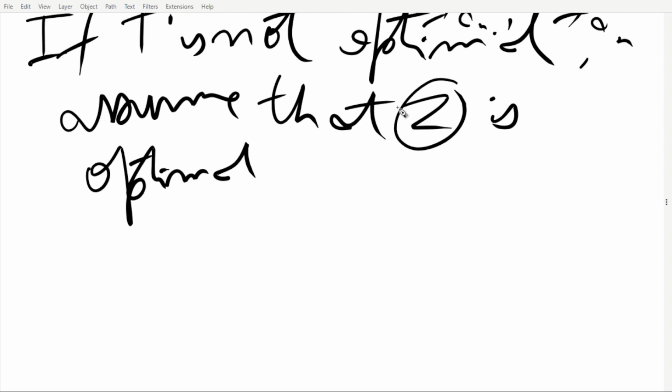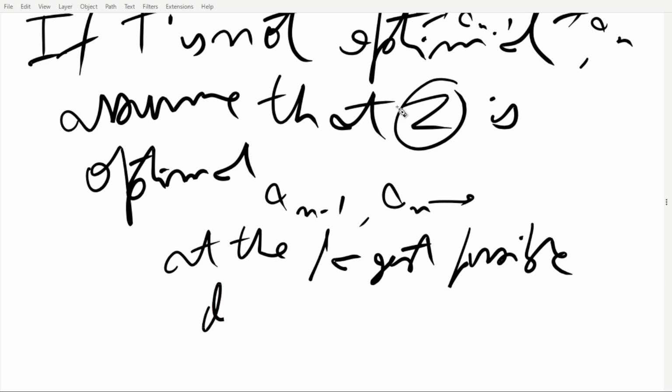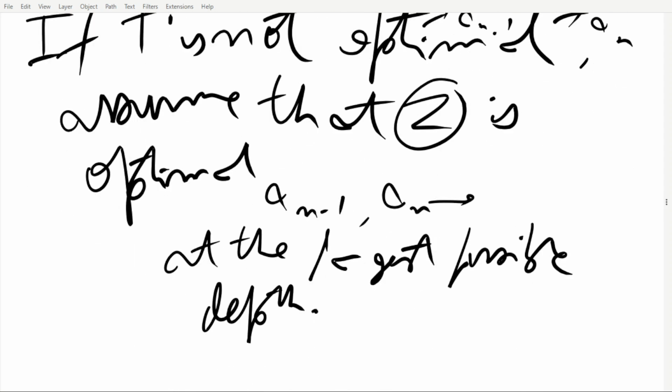So the same thing happens here also: a_{n-1} and a_n are at the largest possible depth, because the two lowest possible frequencies are assigned to the two nodes with the largest possible depth.